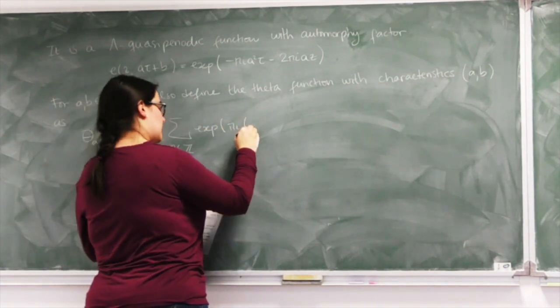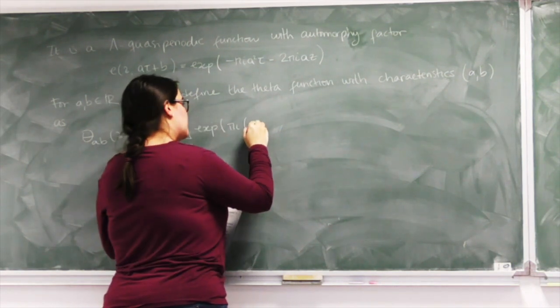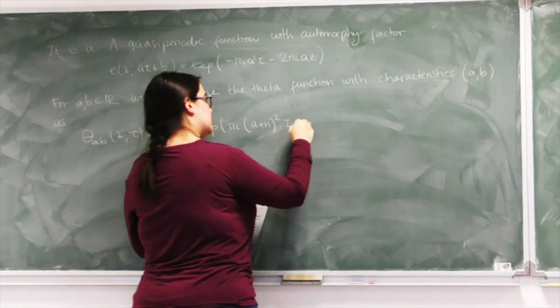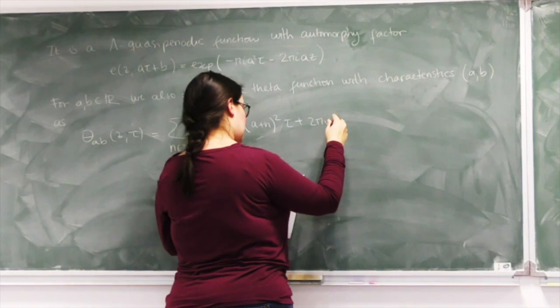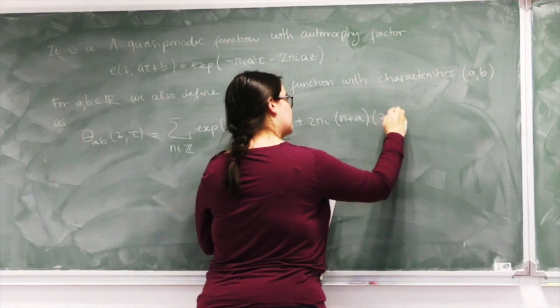So pi, and now here we have a plus n squared tau plus 2 pi n plus a z plus b.